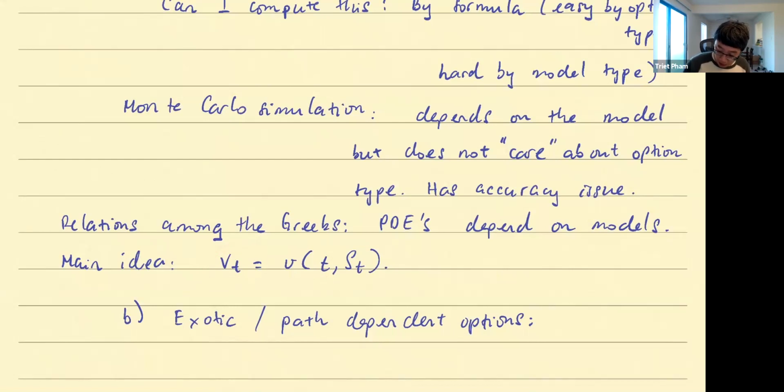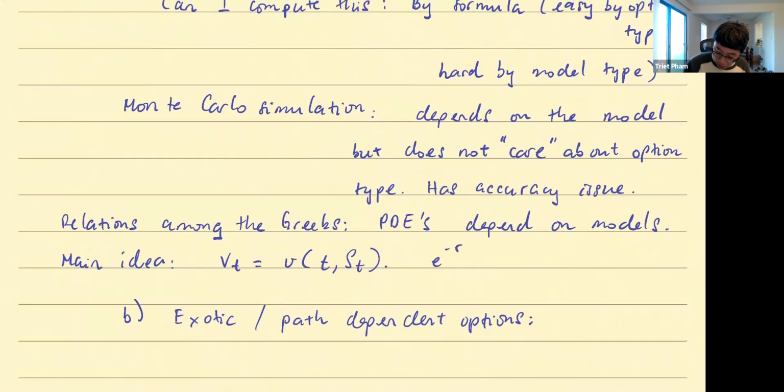And the other idea is that the discounted option price is a martingale. Why is this important? Because this allows you to conclude that whatever the dt term is going to be zero. Because it's a martingale, when you do Ito's formula here, whatever the dt term is zero, which allows you to deduce the PDE.